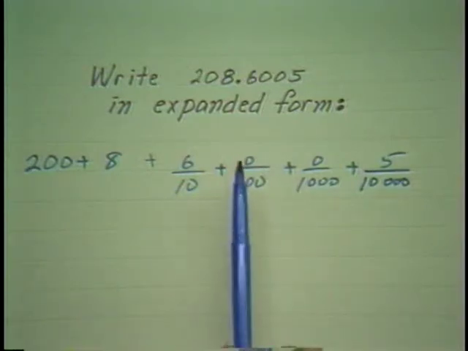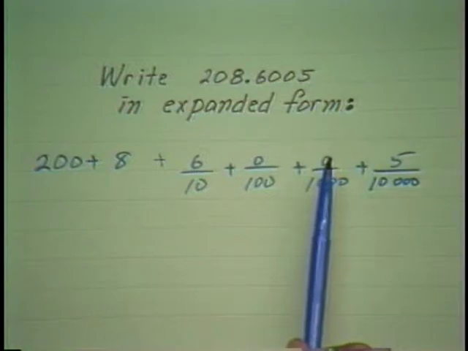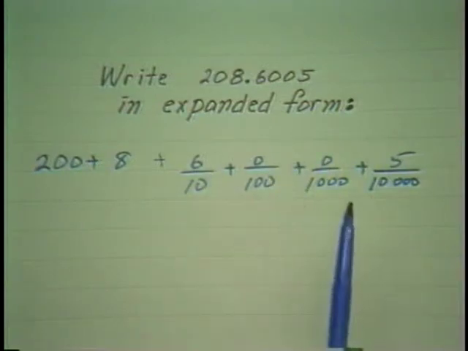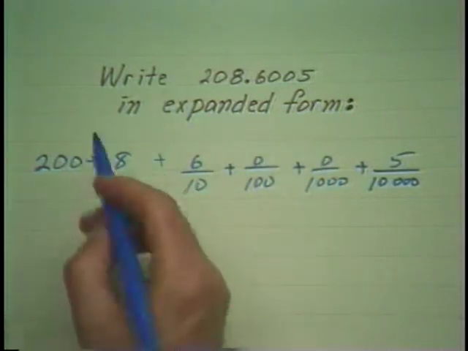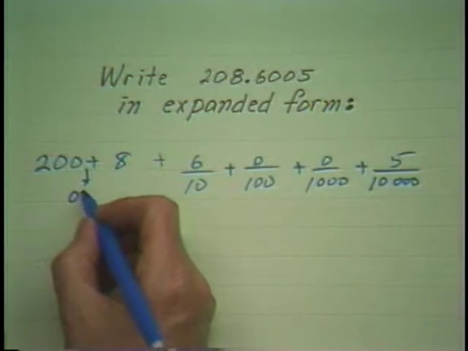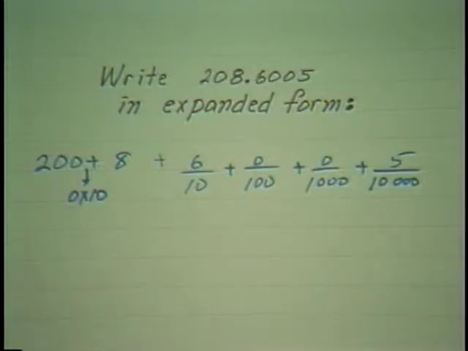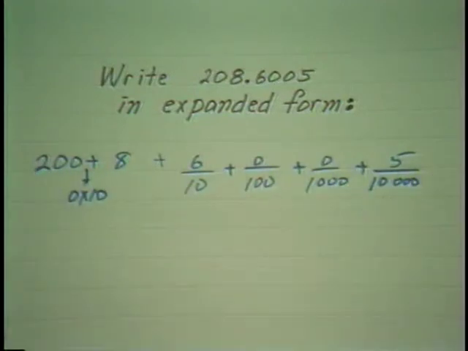And these no positions, sometimes we don't bother writing them, but sometimes we do, just to emphasize that those places are there, there's just no digit there. Just as here, this no tenth will sometimes be written as just that, no tenth. Okay, this form we call the expanded form.